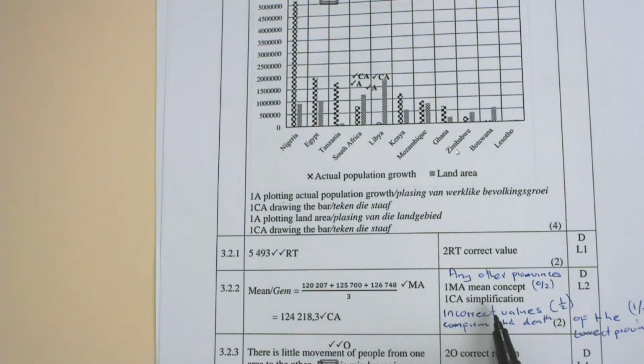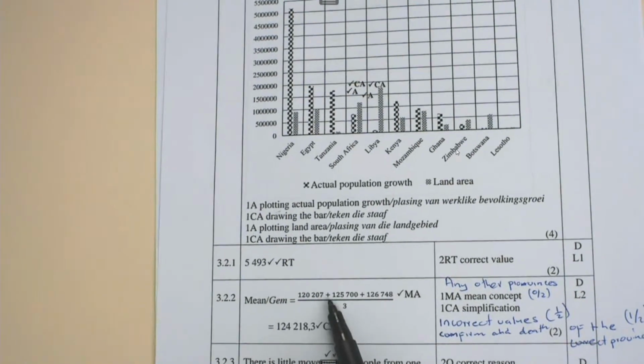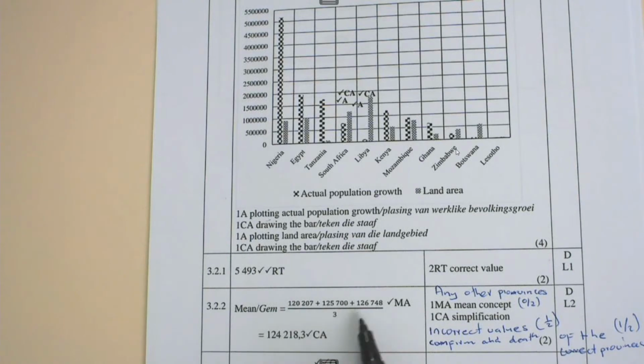Now, if the learner uses any other provinces except those 3 provinces, the learner will get 0. And then if a learner uses incorrect values, the learner will get 1/2. But remember, it should be the recoveries of the 3 correct provinces. If the learner uses confirmed and death values of the correct provinces, the learner will get 1/2.